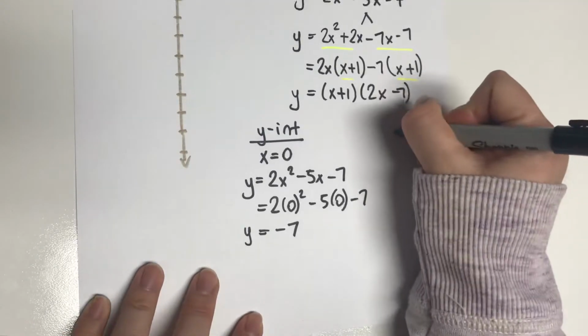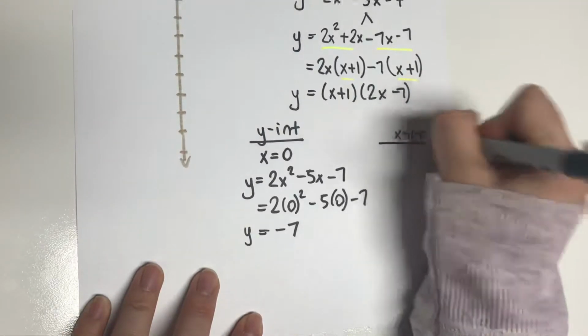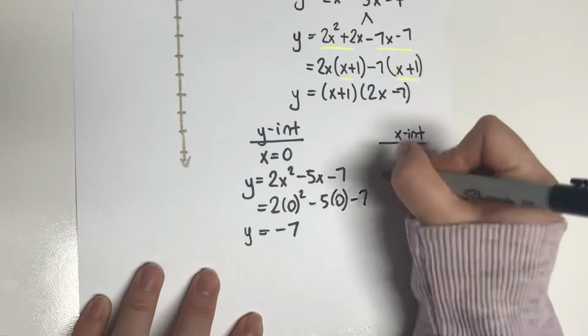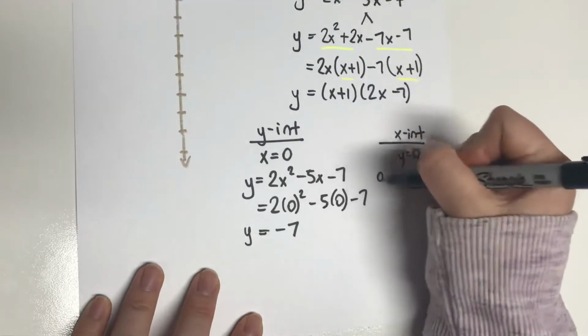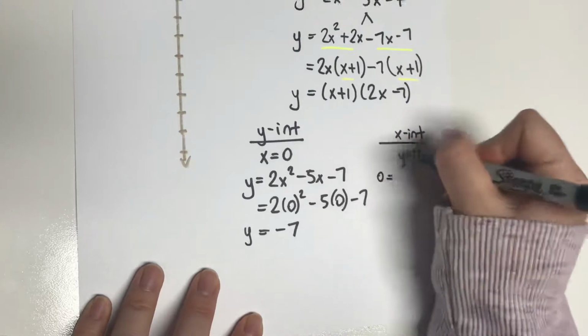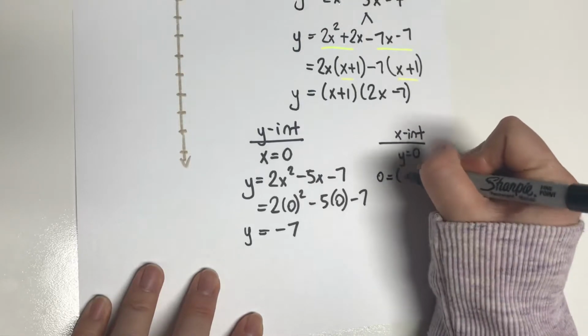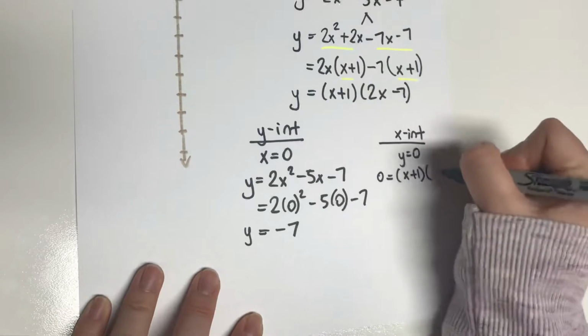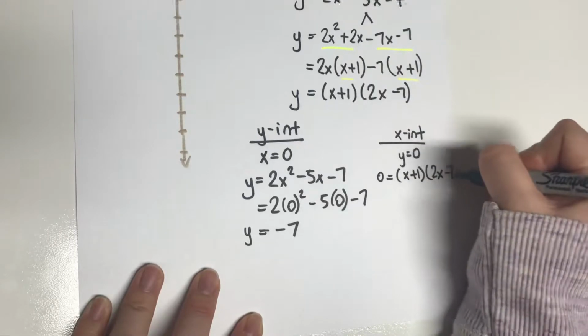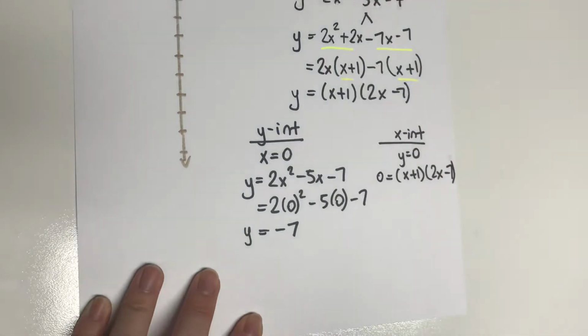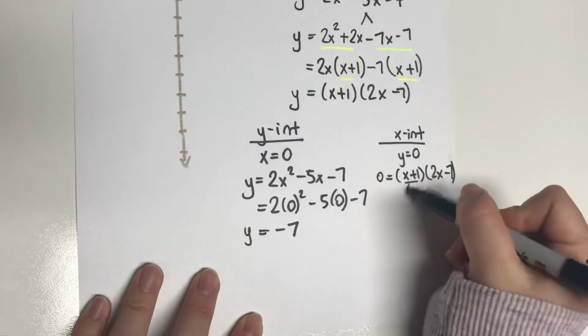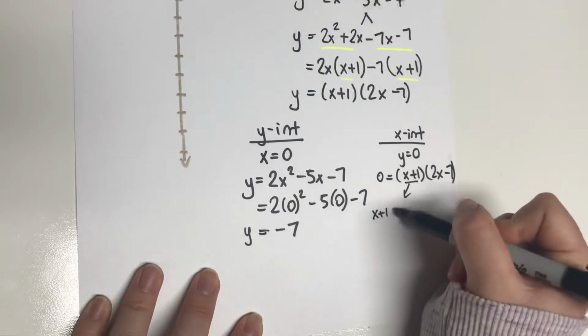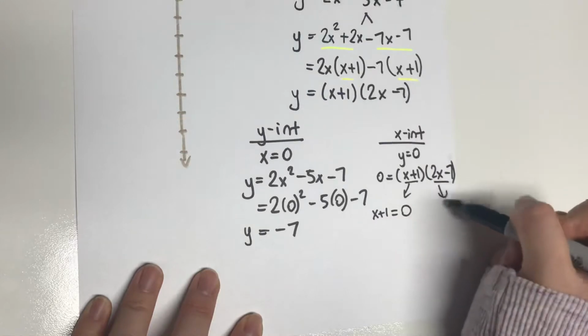For our x-intercepts, I'm going to let y equal 0. And I'm going to use the factored form this time, so 0 equals x plus 1 times 2x minus 7. That means either this equals 0 or this equals 0.